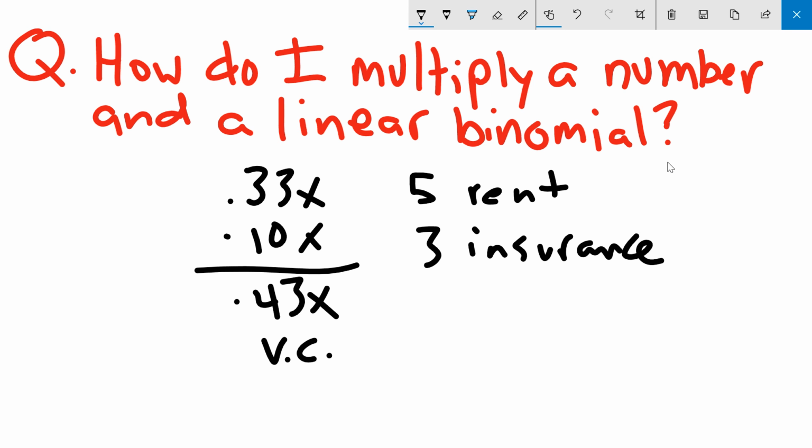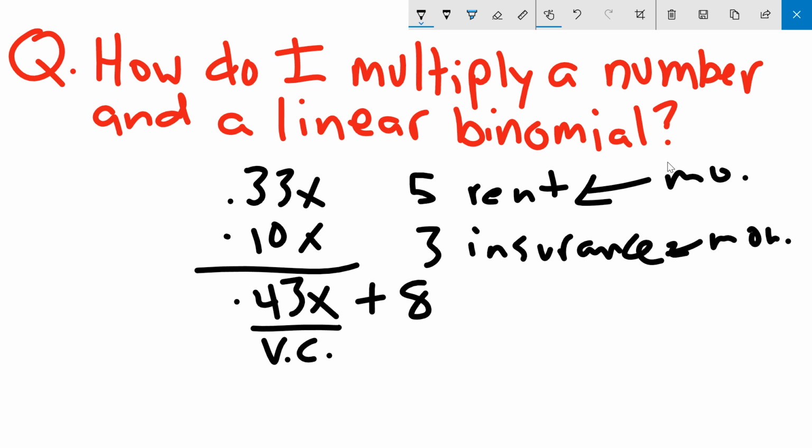That means we're going to add another $8 to this cost, right? Since the rent is being charged per month and the insurance is also being charged per month, this whole thing, fixed and variable all together, tells us how much we're going to be spending in one month.